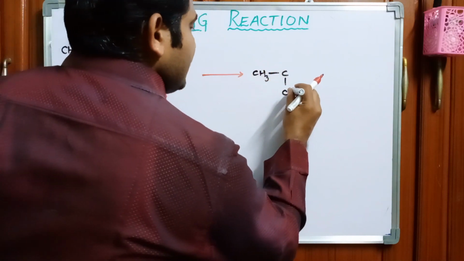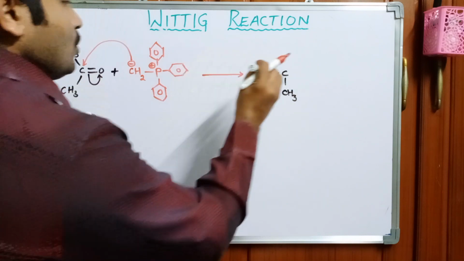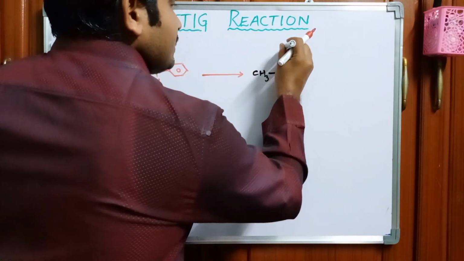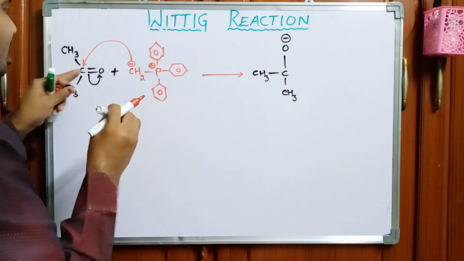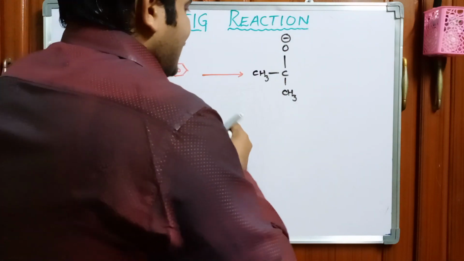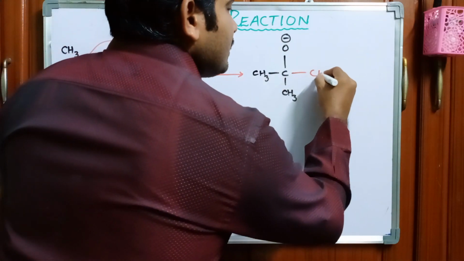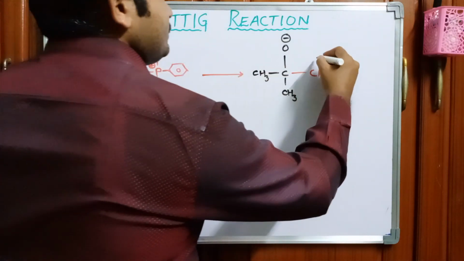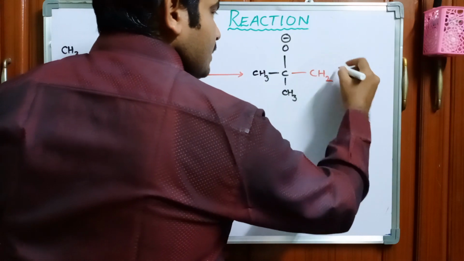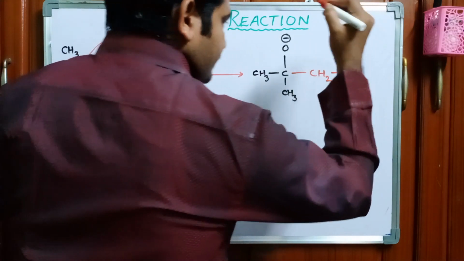Another methyl moiety, oxygen, negative charge, carbon connected with another carbon, CH2 bonded with phosphorus.